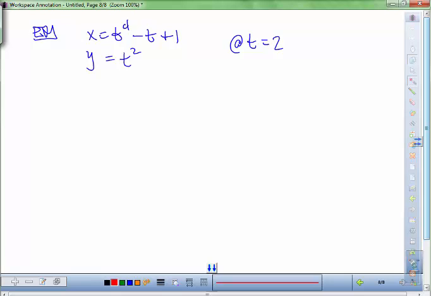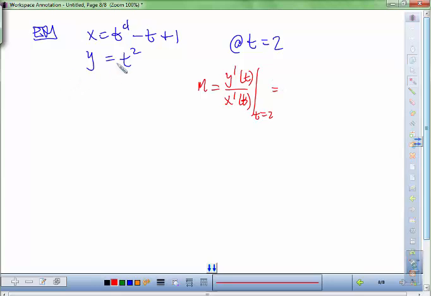So the slope, remember, is one of the main things that's the calculus part of this problem, taking the derivative of the x and then the y. So the slope is going to be y prime of t over x prime of t, and then we're going to evaluate it at t is equal to 2.